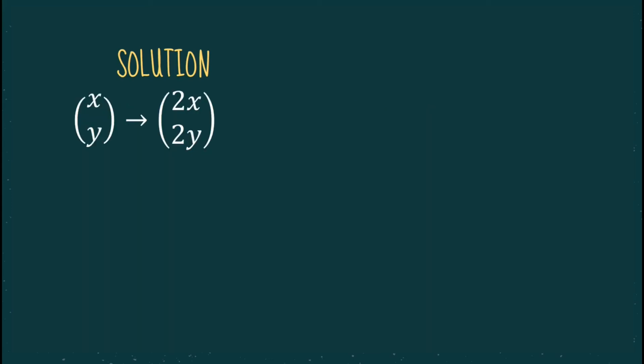Now this formula implies that anytime I have an object point (x, y) and I'm enlarging the object point through the origin, I'm going to multiply my object point by the scale factor. The scale factor given in this question is 2. So we multiply the x coordinate by 2 and the y coordinate by 2.